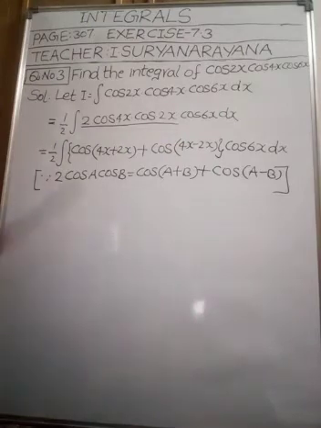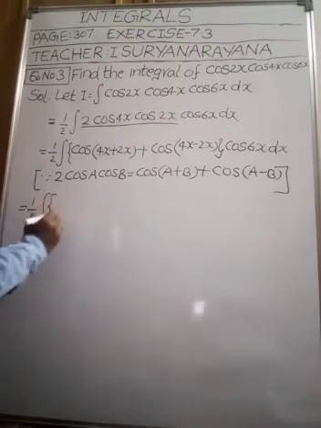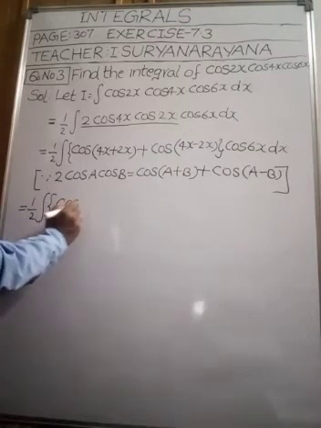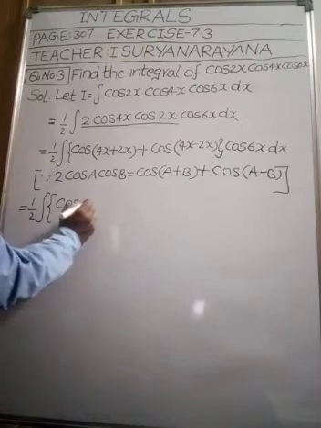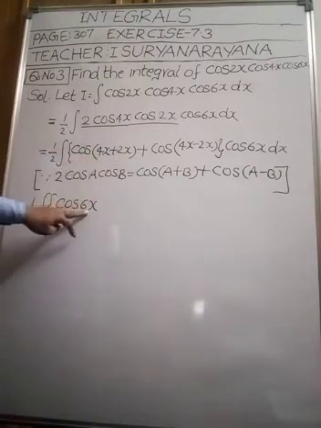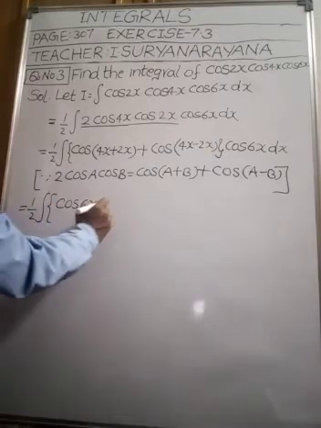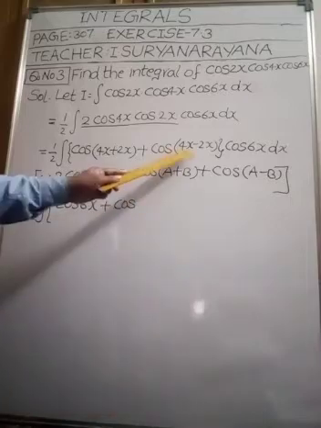Right. Now let us simplify these terms. This is equal to 1 by 2 integral of cos of, what will you get here, 4x plus 2x? Yes, 6x. So the first term is cos 6x. Plus cos of, what will you get here, 4x minus 2x?